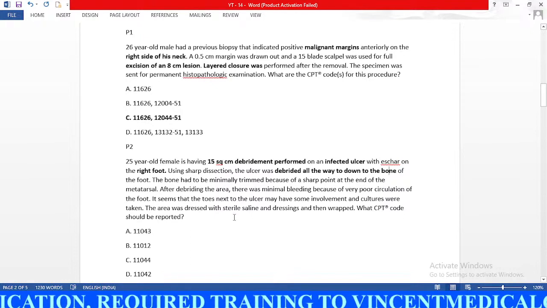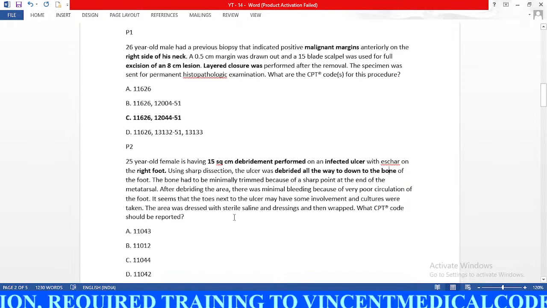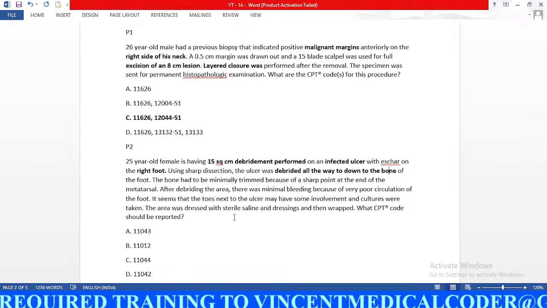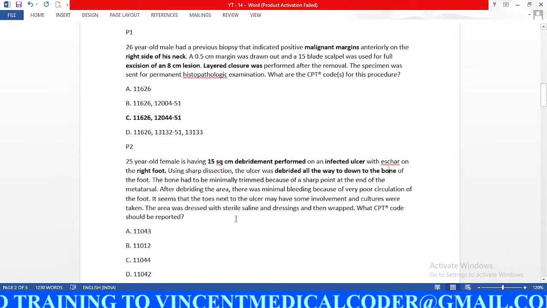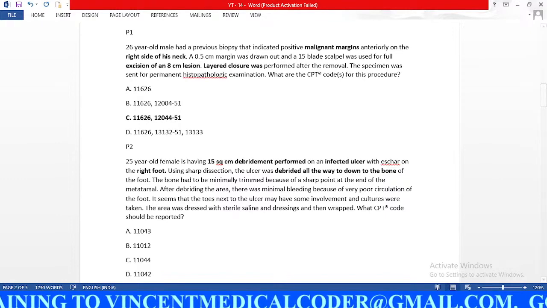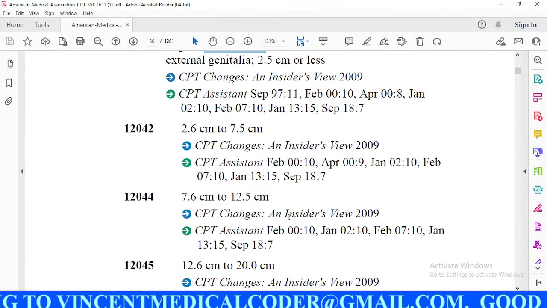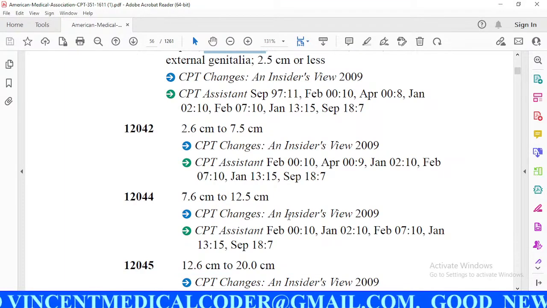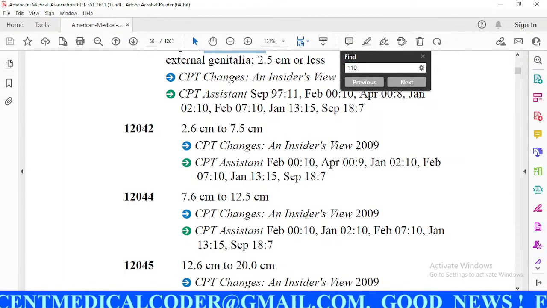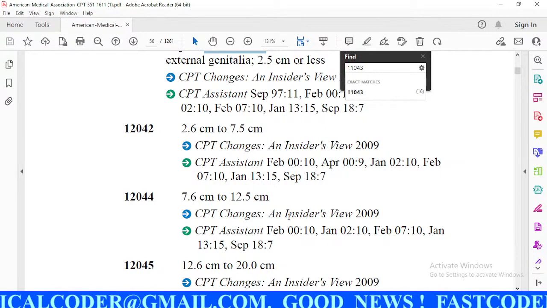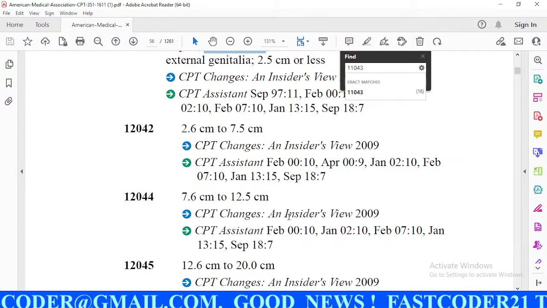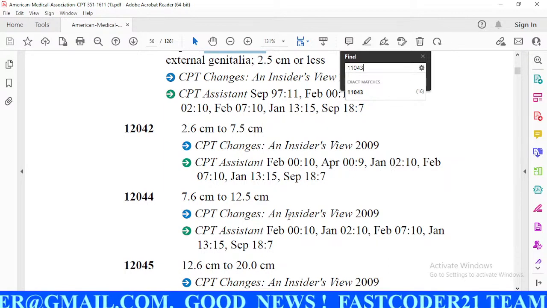We will check 11043 first. As I told you before, while coding debridements, we need to check the keyword: at what depth the physician performed the debridement.